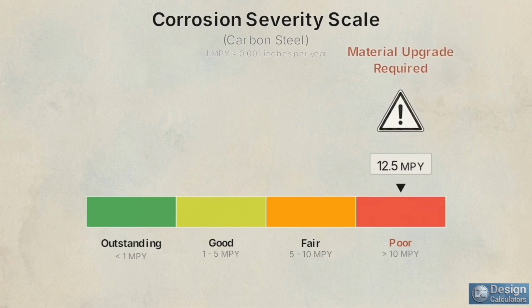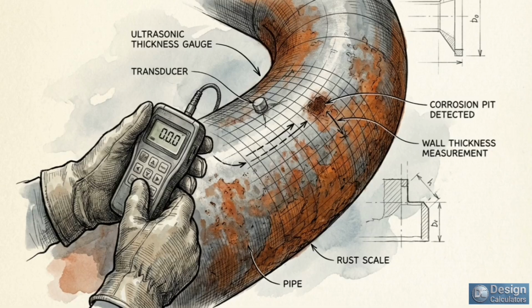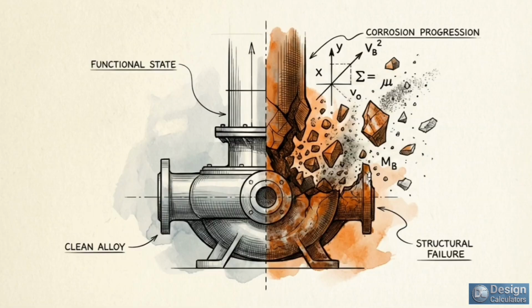Degradation here is rapid enough that engineers often have to upgrade the material type to keep the facility operational. Most standard carbon steel piping operates somewhere in the middle of these extremes, necessitating frequent physical inspections and thick material allowances. Slotting these calculations into their correct categories determines whether a facility continues to operate safely or faces an emergency shutdown.